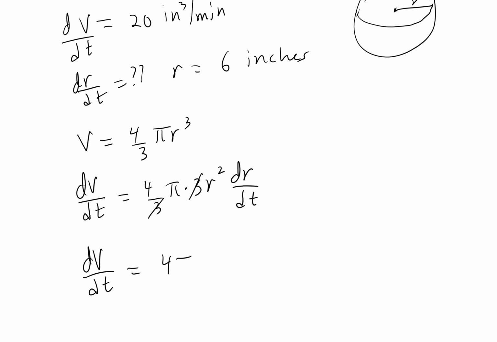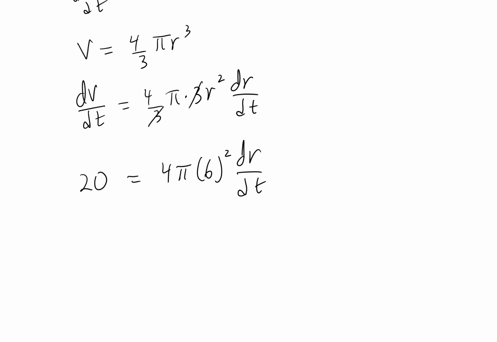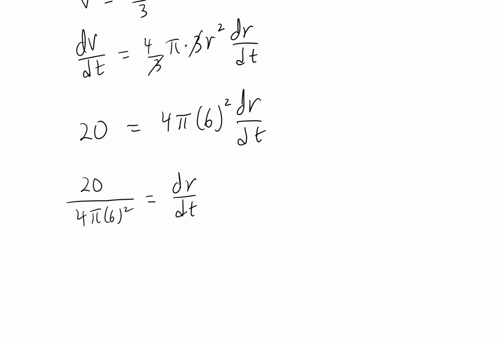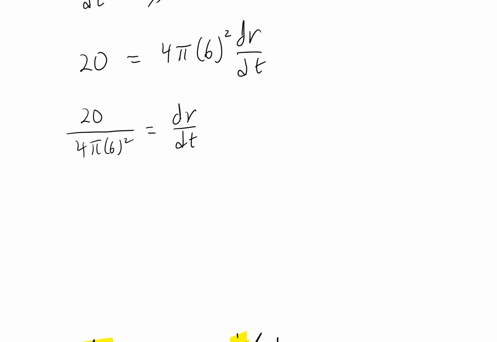dV/dt is 4 pi, r is 6 squared, dr/dt. We're looking for that. But they give me dV/dt, so I can substitute it in as 20. Divide both sides by 4 pi and 6 squared.